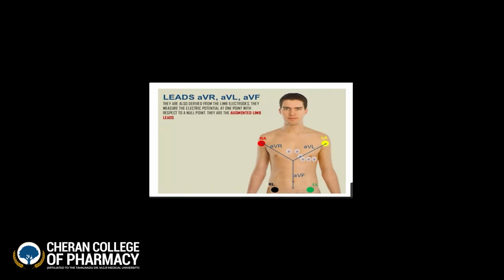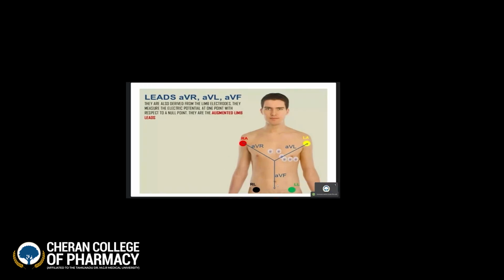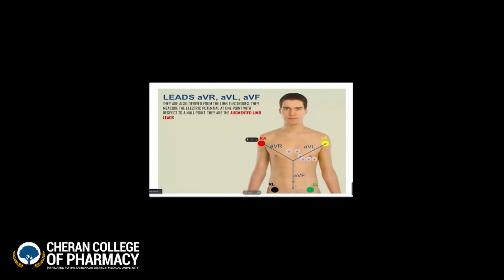AVR should be negative because, though I'm not good in physics, the basic physics is that when the impulse is getting generated, that part is always negative. So from the AVR part the electric impulse is getting generated, so that should be negative. Don't panic, I will explain why and how it looks negative.